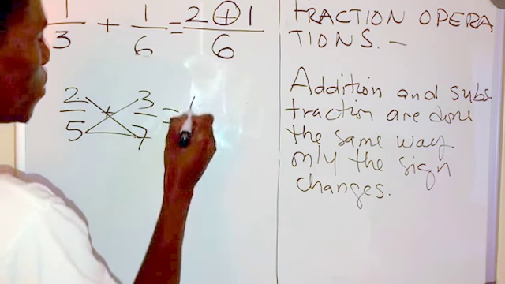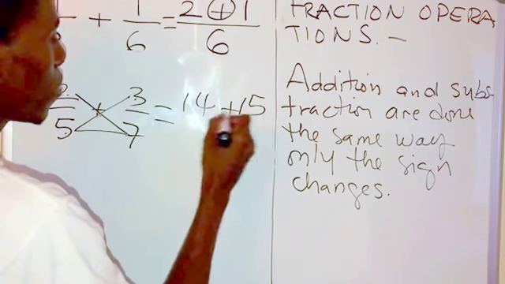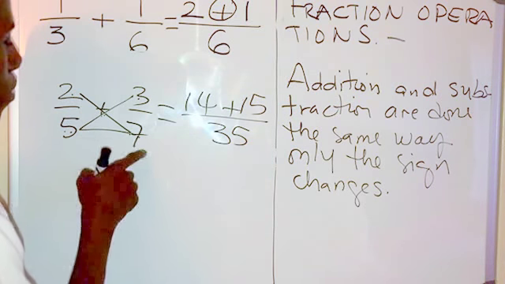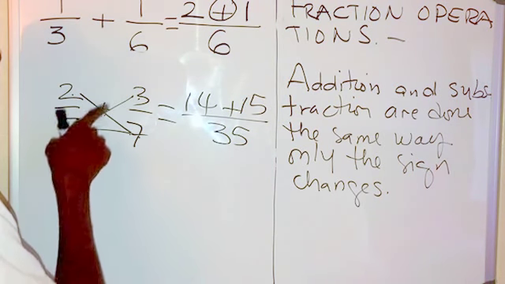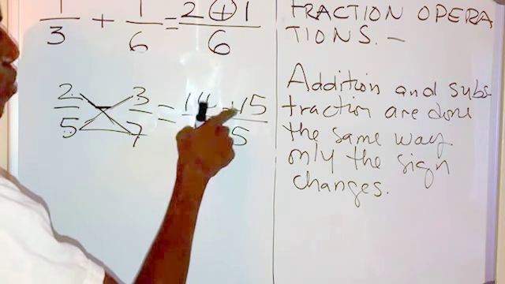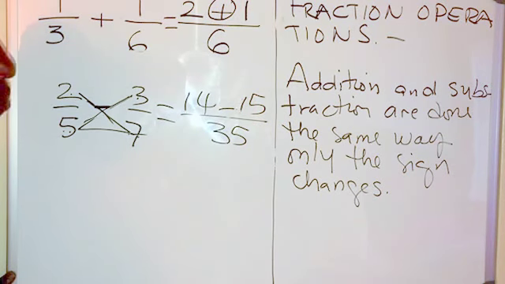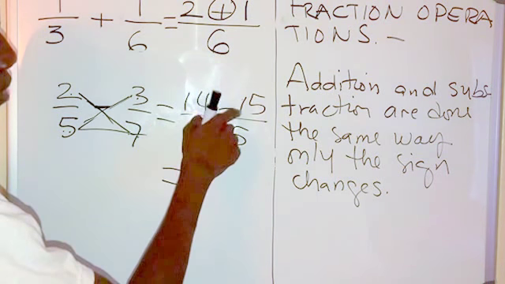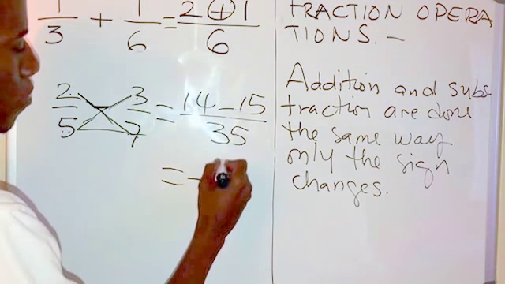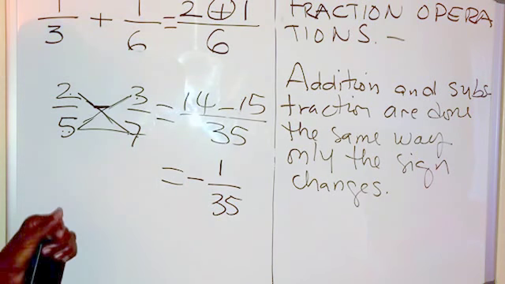So that's 14 plus 15 over 35, 5 times 7, 35. So if it was a minus here, we would do the same and put a minus here instead of plus. So we have 14 minus 15, that would give us minus 1 divided by 35. Yeah, that's it.